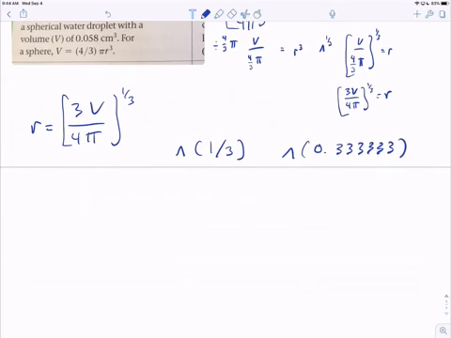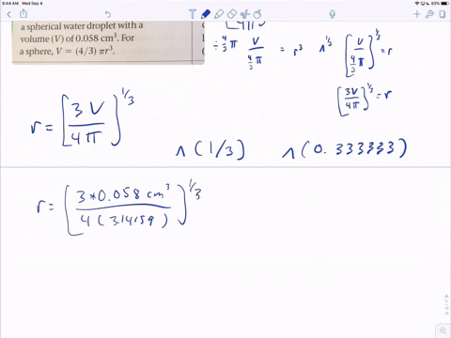So then you plug in your numbers. So 3 times the volume, which is 0.058 centimeters cubed, divided by 4 times pi. Your calculator can also have the pi button. It depends on how many digits you want to put in there, like 3.14159, whatever you want to put in there for pi.